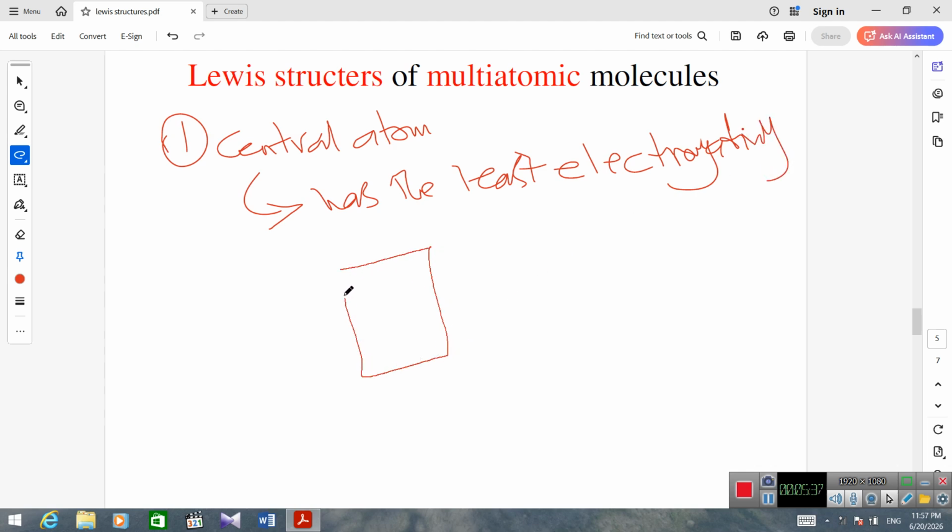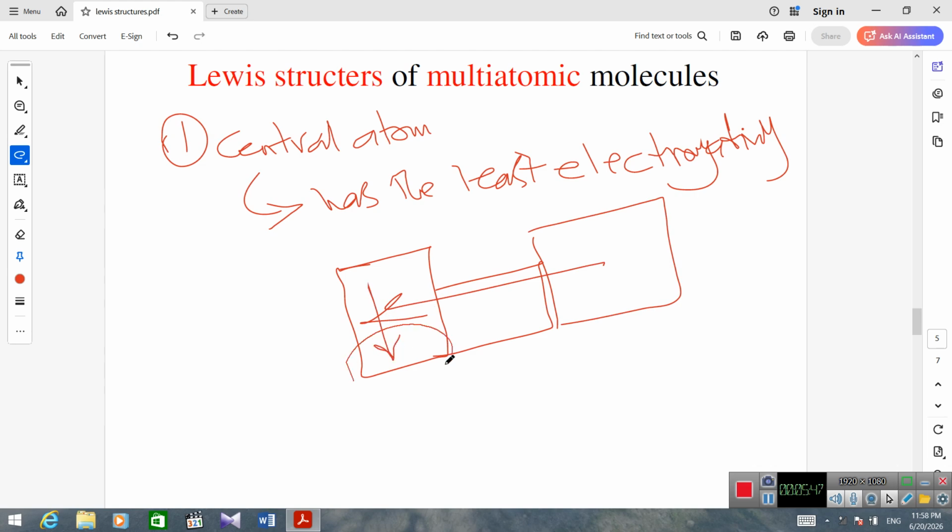If I want to refer to the periodic table, the atom which is located on the left side and the bottom has the least electronegativity and can be considered as a central atom.